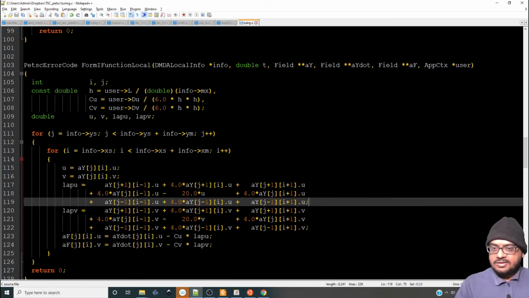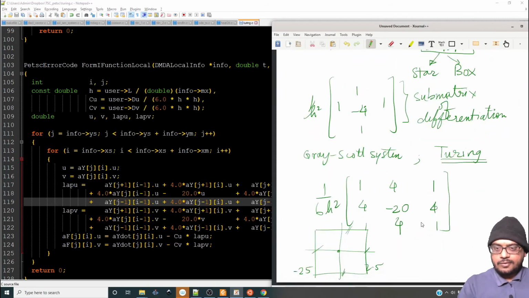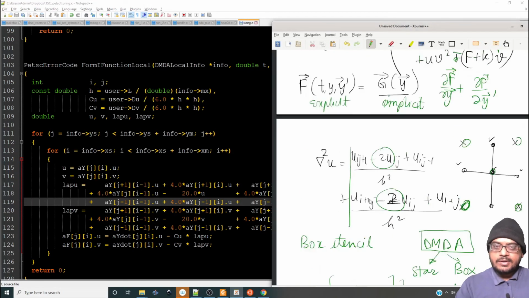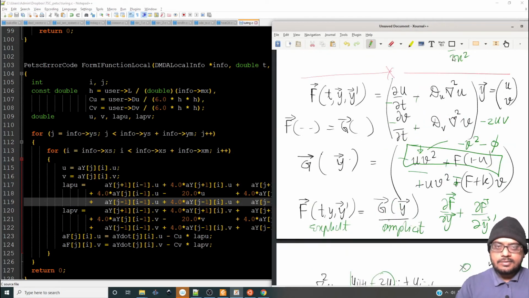This is exactly this particular stencil that I showed over here. Okay, so it's Laplacian of u, Laplacian of v, but finally F(u) will be u dot minus the diffusion coefficient times Laplacian of u. Essentially, it's this term.